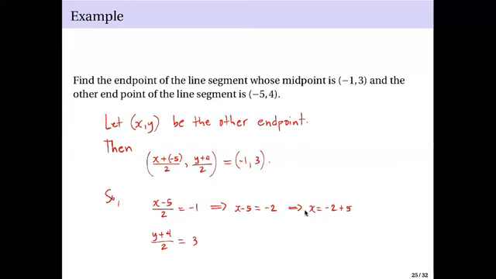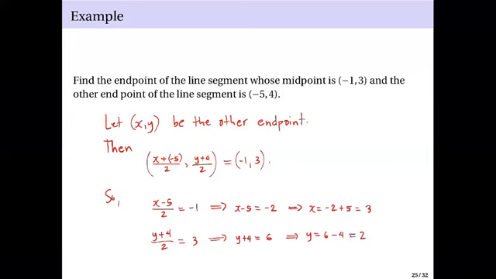And then for the y, same. You multiply both sides of the equation by 2. You will get y plus 4 equals 6. And then this will give us y equals 6 minus 4. And 6 minus 4, that's equal to 2.